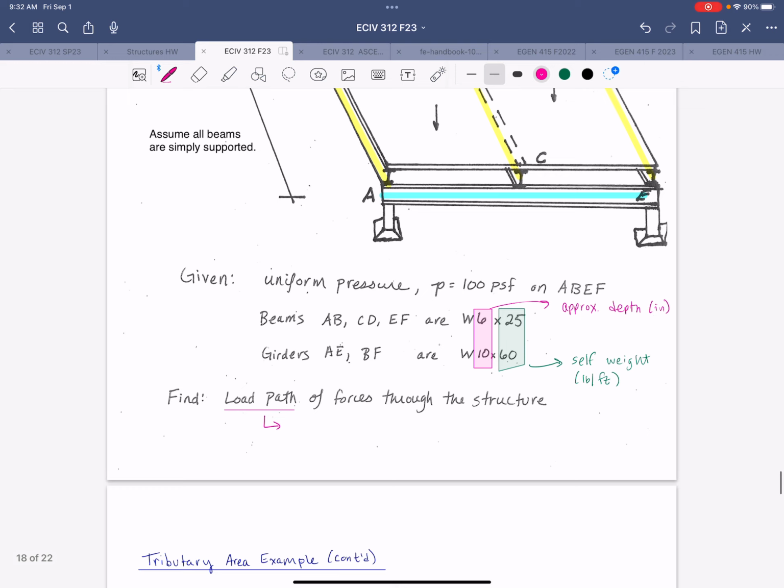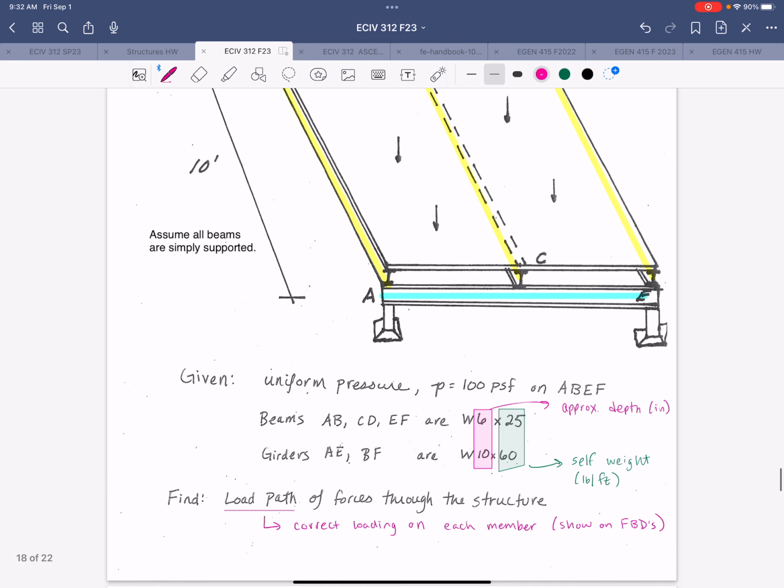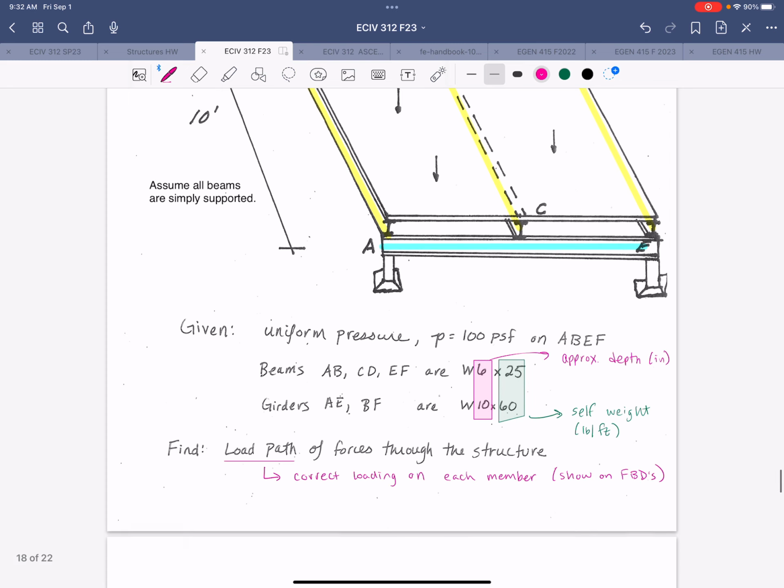I'll write that out. And when I say each member, typically one representative of a given level in the hierarchy is sufficient, because there's a lot of repetition.